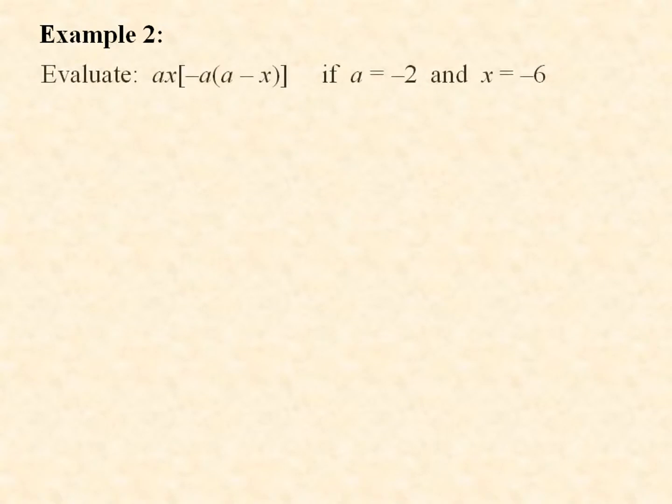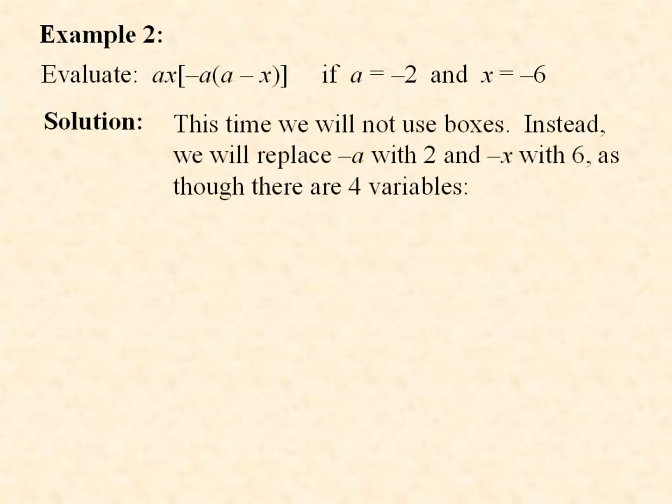A second example. Evaluate this complicated looking expression if a is -2 and x is -6. This time, we will not use boxes. Instead, we will replace opposite of a with 2 and the opposite of x with 6 as though there are 4 variables.